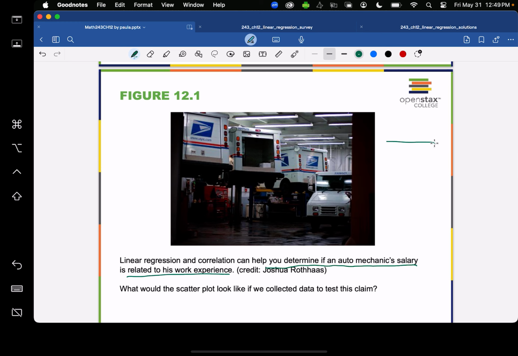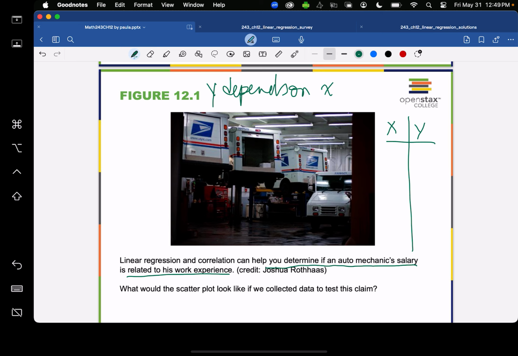Typically, when you gather the data, the thing that you put in for X and Y, well, Y would depend on X. So out of these two things, the salary and the work experience, what would you say depends on what?